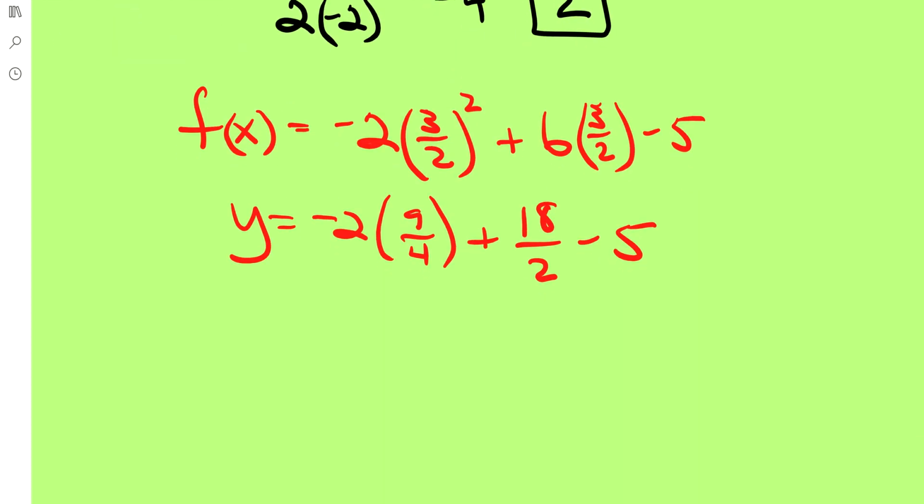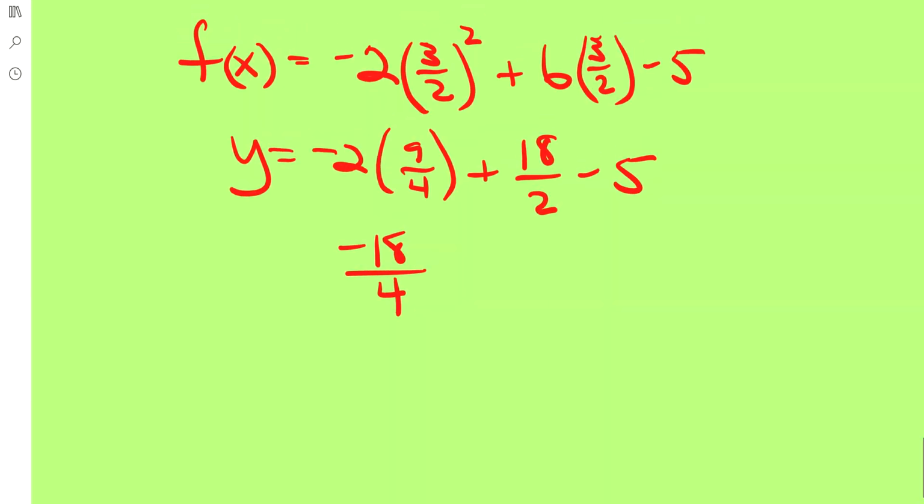Here I'm going to have negative 18 over 4, which simplifies to be negative 9 over 2, plus, what's that going to be? 9 minus 5. Okay, 9 minus 5 is 4. And then 4 minus, what is that? 4.5.